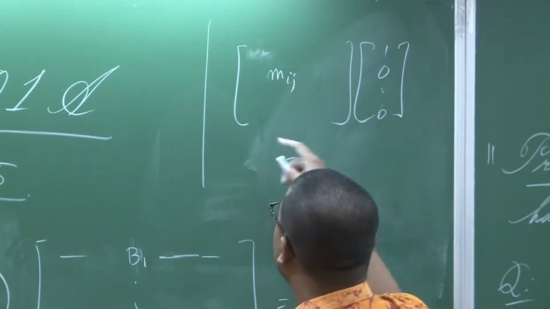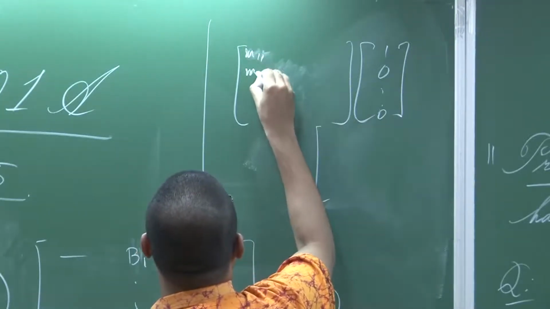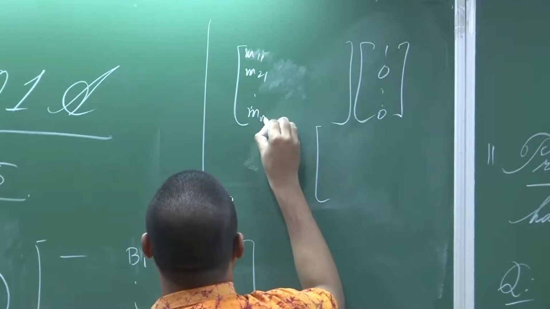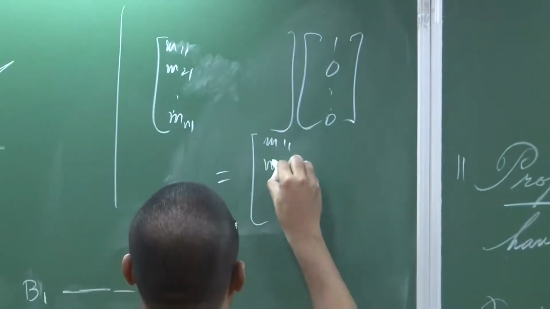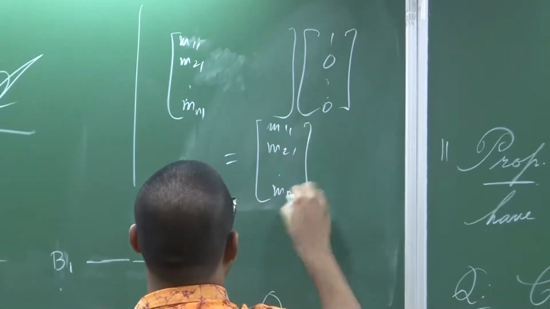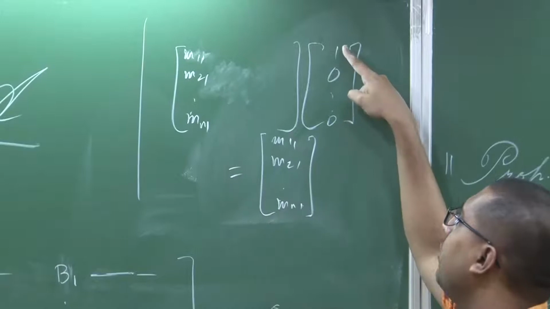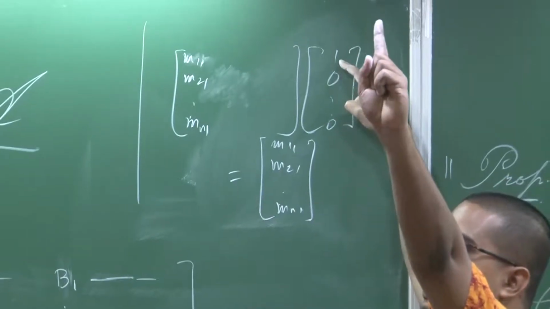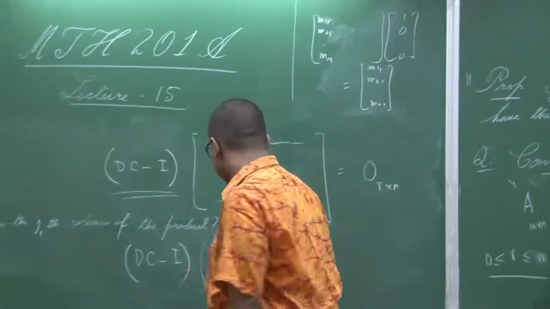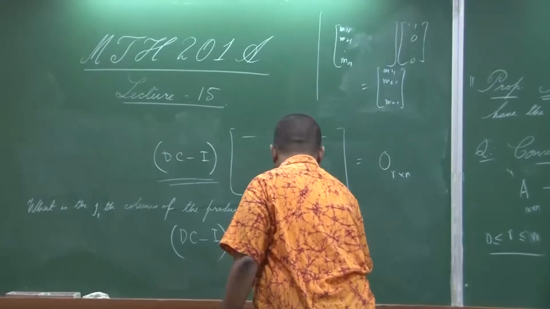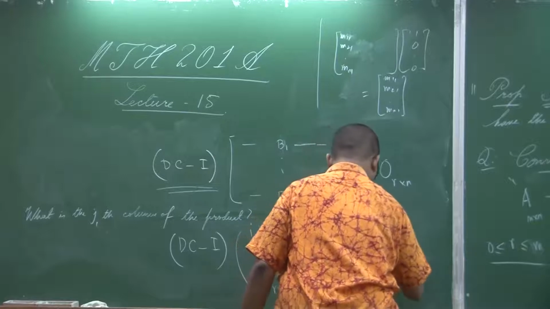This will be exactly the first column, right: if the first column is m11, m21, mn1, then the result is m11, m21, mn1. Similarly, if I multiply this matrix from the right by the vector which has 1 at the ith position and 0 elsewhere, then we will get the ith column of this matrix. So this is nothing but the first column of DC minus I.